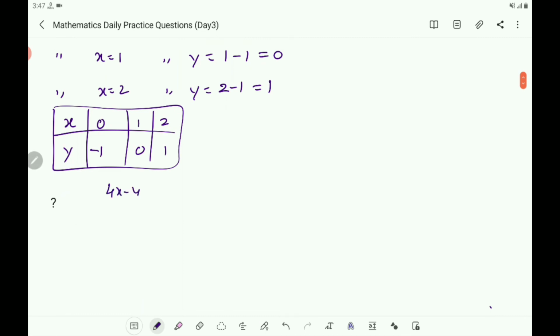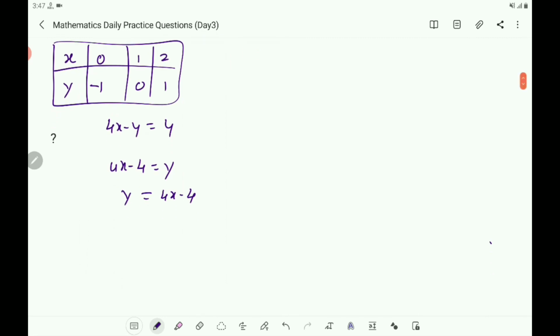So here transferring, it becomes 4x minus 4 equals y. So you got the equation 4x minus 4 equals y, that is y equals 4x minus 4. Now you take 2 or 3 values for x and get the corresponding values for y.